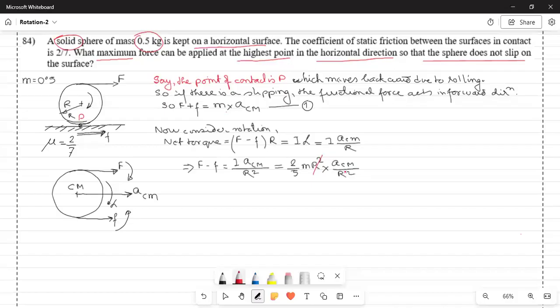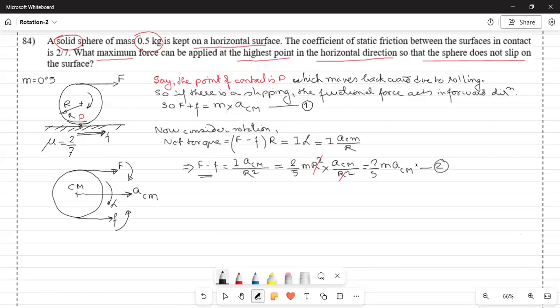This R square gets cancelled. So what we are left with is 2 by 5 MACM is equal to capital F minus small f. This is equation 2. Also, we have found F plus f in equation 1.